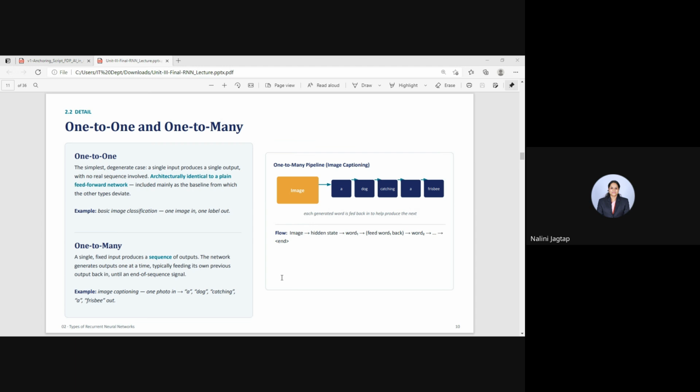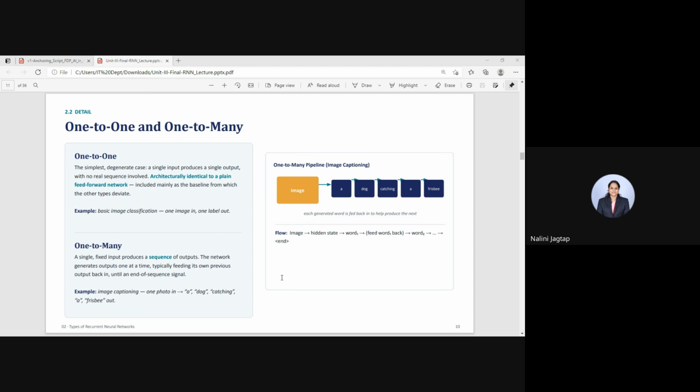So here there is exactly one input at the very first time step, and the network then generates the outputs one at a time, typically using its own previous output as a part of the input for generating the next word, continuing until it produces an end of the sentence signal.